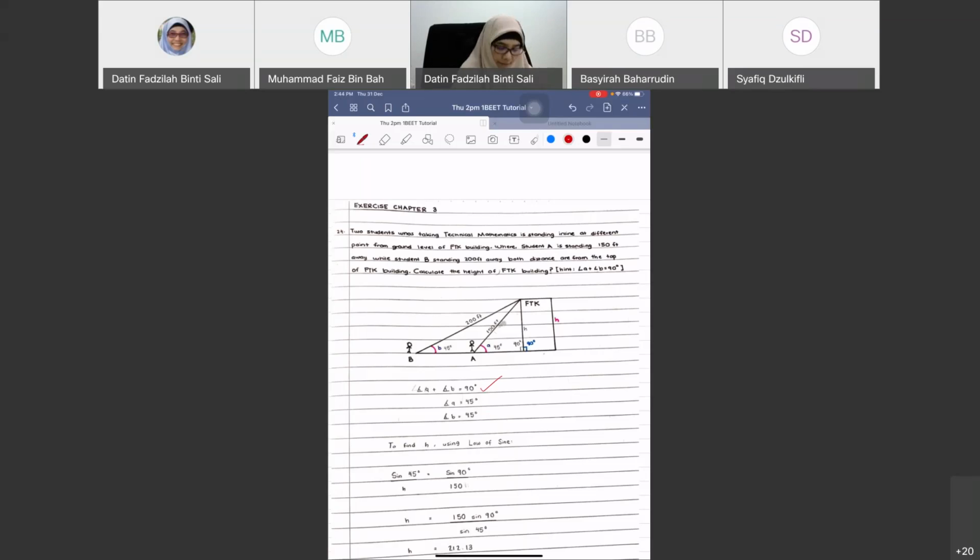So you cannot make an assumption that that is 45 degrees. All you know is that one angle is A and the other one is B, given from the hint. But you want to find this height.